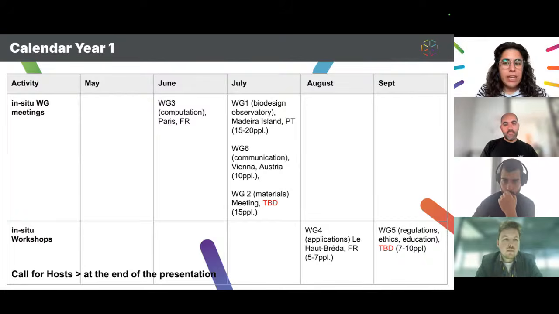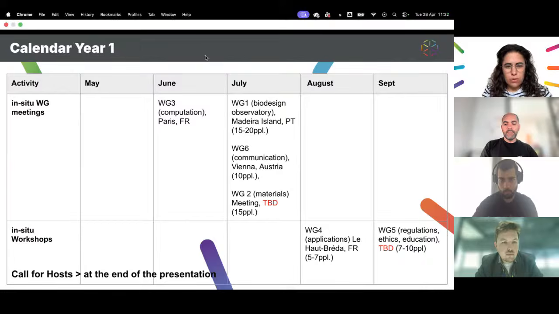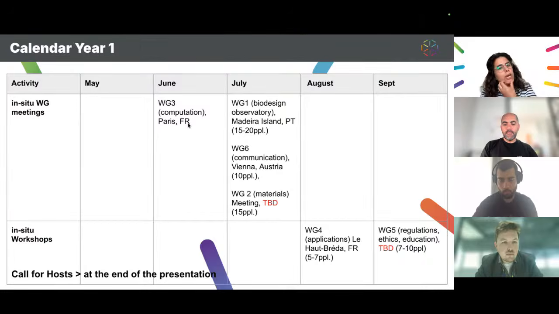So for the first calendar year, we already in April have 4 in-situ workgroup meetings planned, and 2 in-situ workshops as well. The first workgroup meeting will happen in Paris for workgroup 3. There will be 3 workgroup meetings, more or less simultaneous, in July.